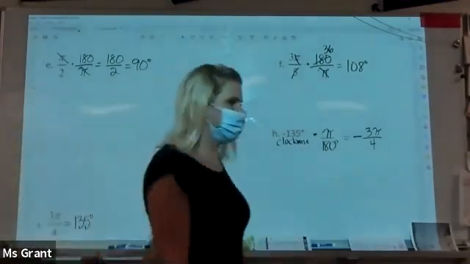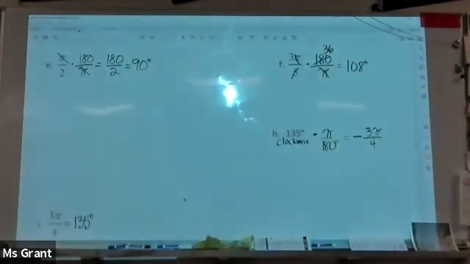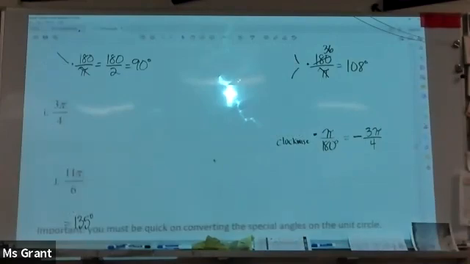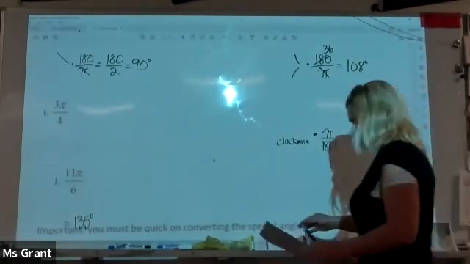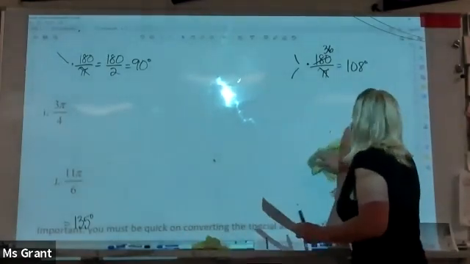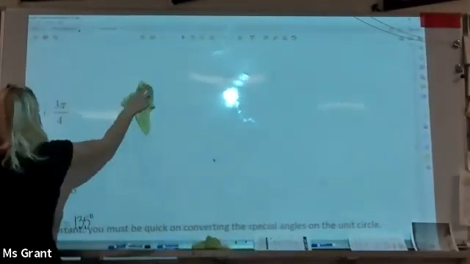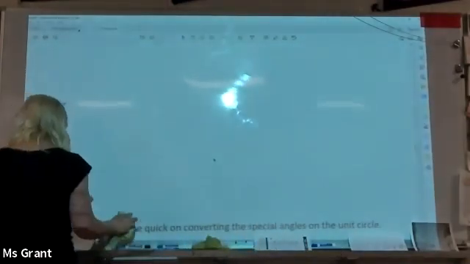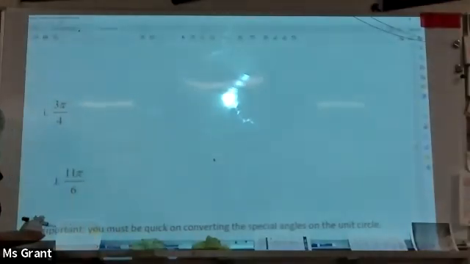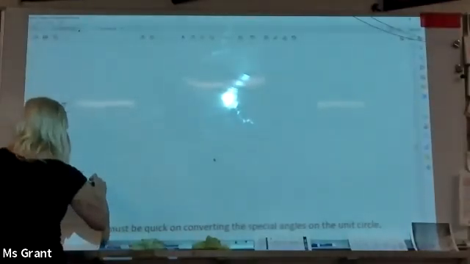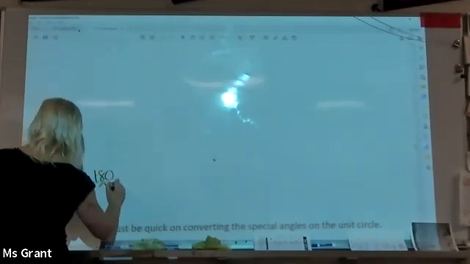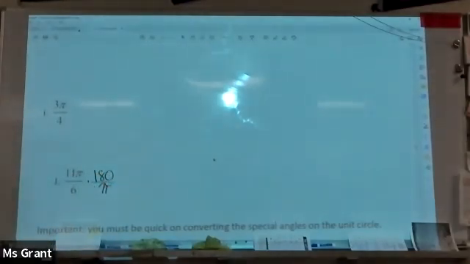Do the bottom one on your own. You guys can all see it, right? It says 11 pi over 6. Oh, I guess it's J, sorry. J, 11 pi over 6. Multiply by 180 over pi.